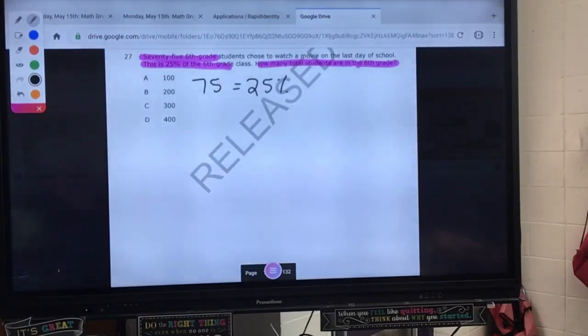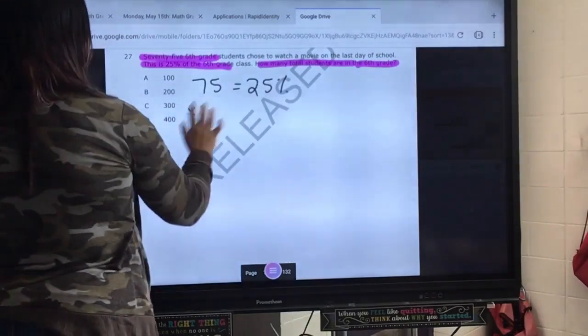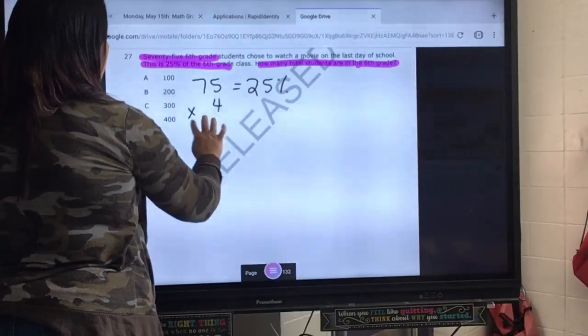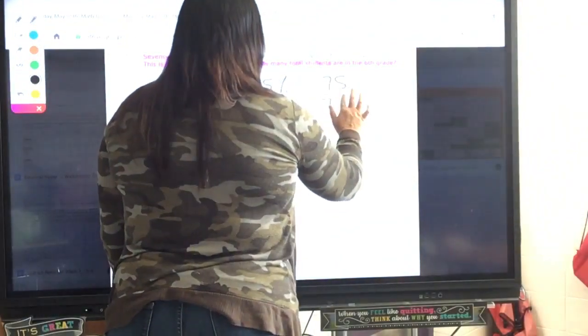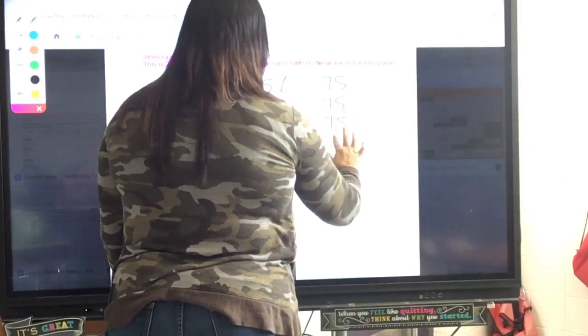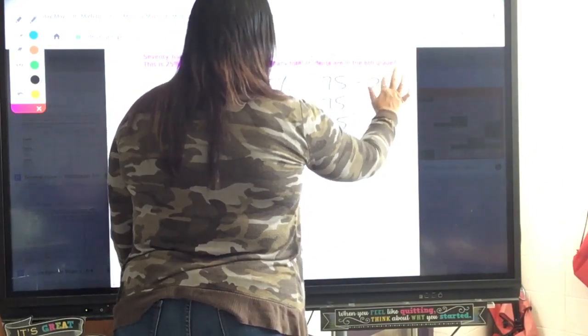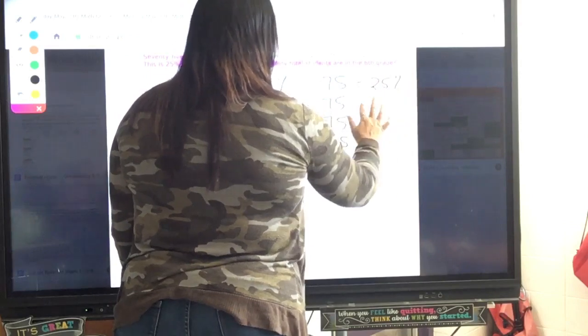No, what's one way? Multiply 75 by 4. Why by 4? Because 25 can go into 100 four times. Right, there are 4 25s in 100, so you can multiply this by 4. You can also do 75 plus 75 plus 75 plus 75 because each one of these is 25%.